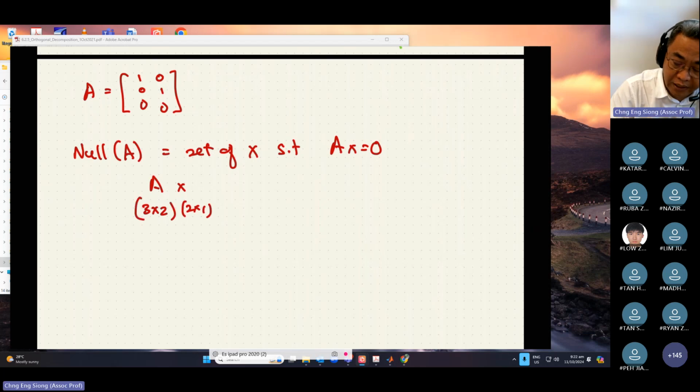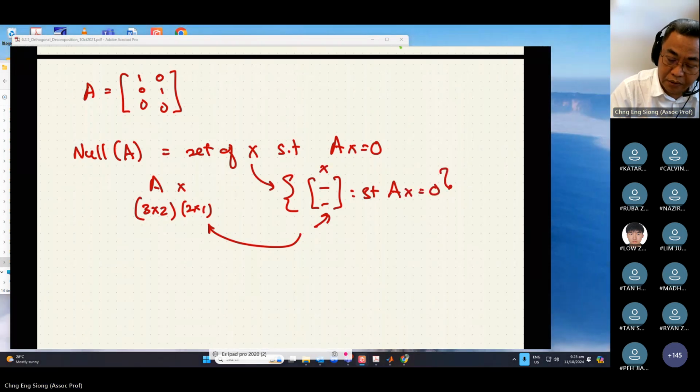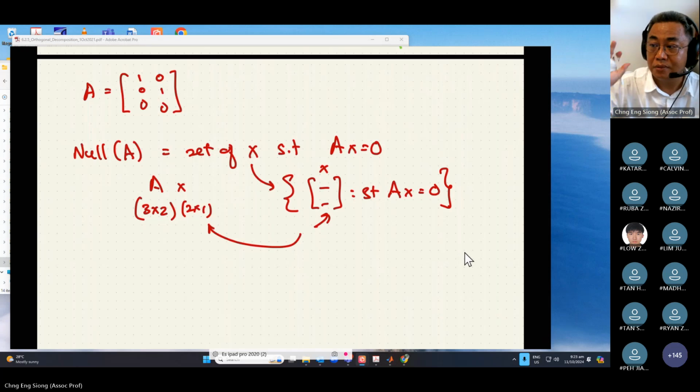So the set of X is a set of 2 by 1 vectors such that AX equals 0. So the null space is a set with this condition. So it's a set of 2 by 1 vectors. So far, okay? All right.